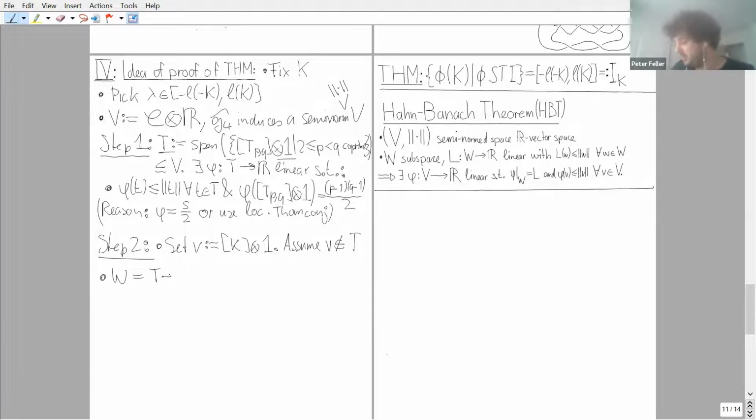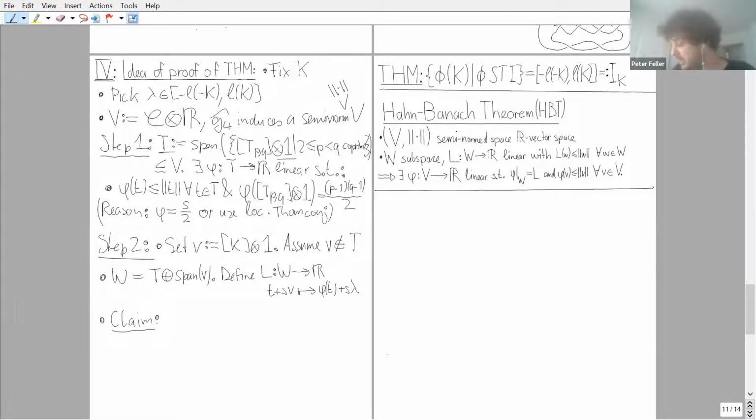Namely, I'm just going to take the subspace I had before, and look at the span of V. Since the vector wasn't in there, now I have a nice little new vector space, and I'm going to define a linear map on W that goes to R. An element is of the form T plus some multiple of V, and I'm going to map this to, you guessed it, phi of T, because I already have a map defined on T, plus S times lambda, the value I want. Now comes the claim.